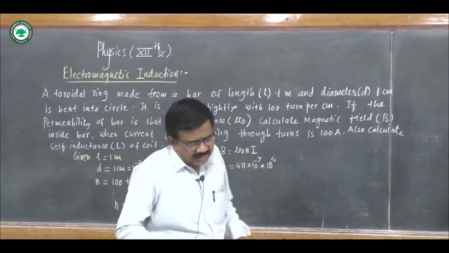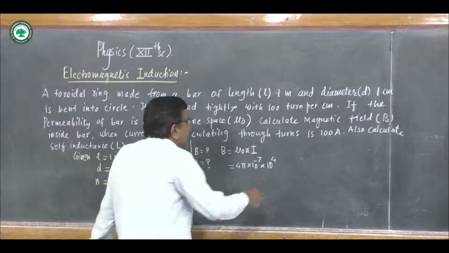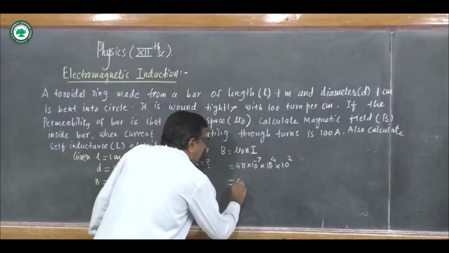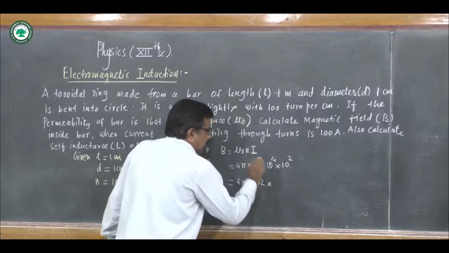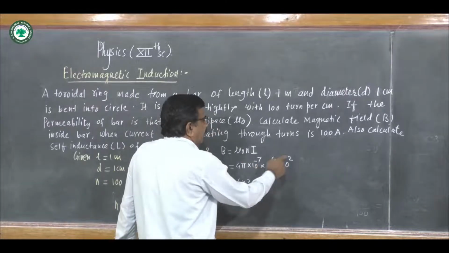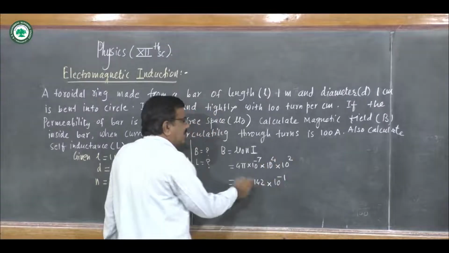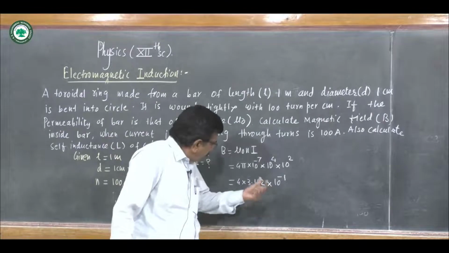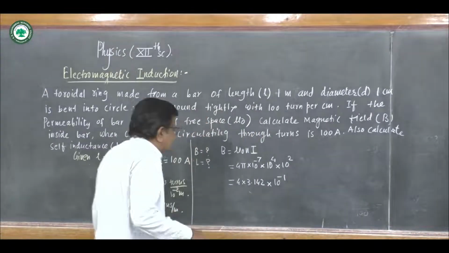10 raised to 4, 10,000, into I is 100, that is 10 raised to 2. So this is 4 into 3.142 into 10 raised to minus 1, plus 6 minus 7, that is minus 1, and this 4 into 3.142 is 12.56.